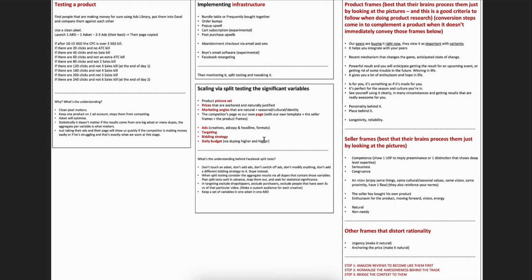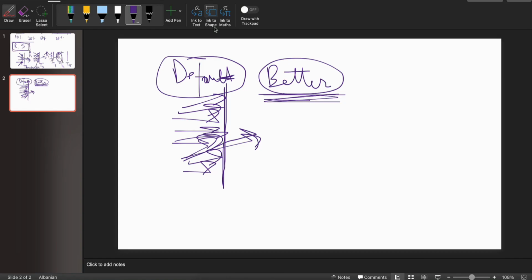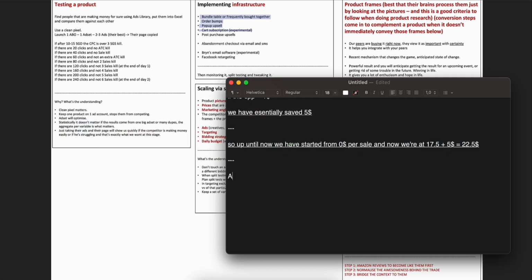Well, if we look at this picture, we have addressed split testing, and we have addressed just the part of the infrastructure that's this and this, but we haven't addressed all of those other things, right? All of those other things have to do with the AOV, right? So making the offer better and more expensive, putting order bumps, bundle tables, pop-up upsells, cart subscriptions, post-purchase upsells, right?